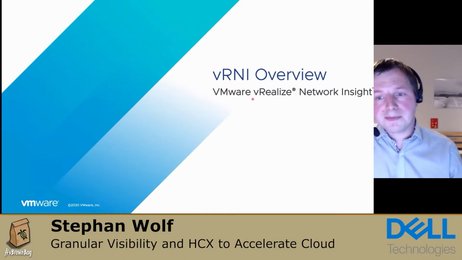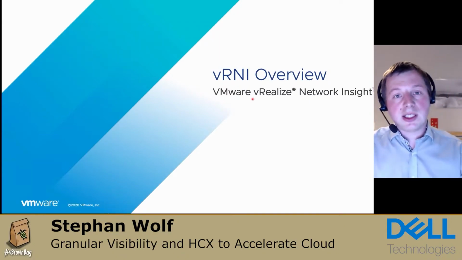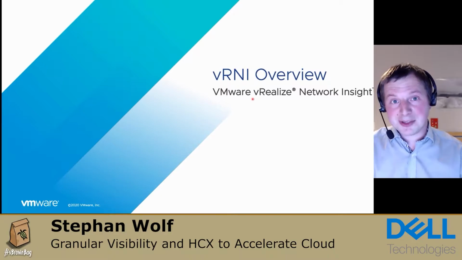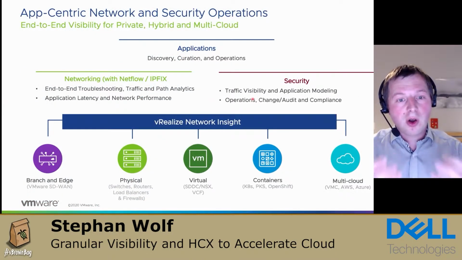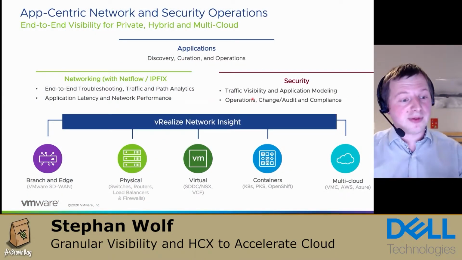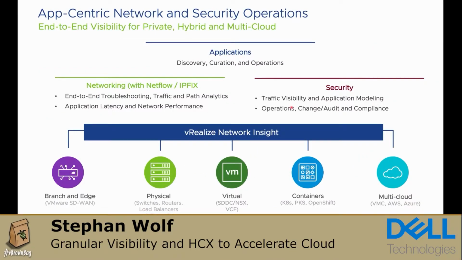And what is VRNI? VRNI is a network visibility and troubleshooting tool. You can collect data from different sources: SD-WAN, physical network, physical switches, virtual environments like vSphere, ESXi hosts, and container and multi-cloud environments.